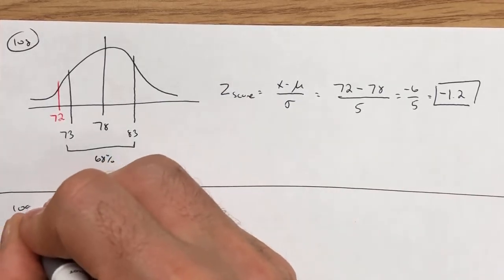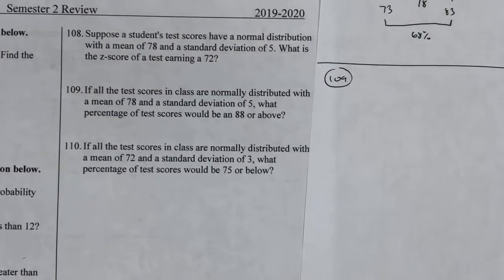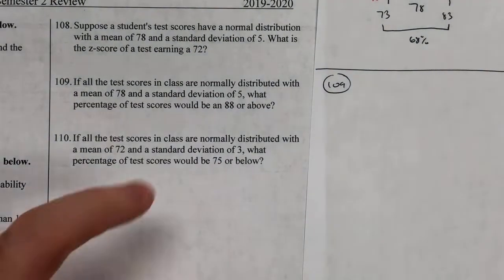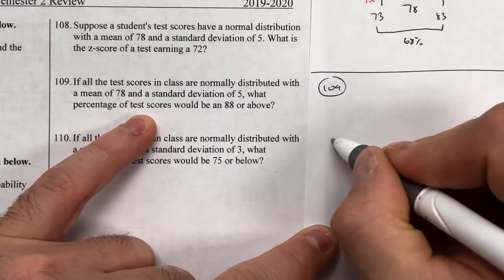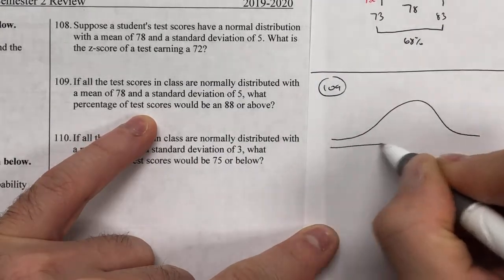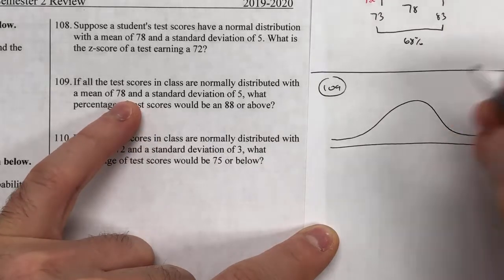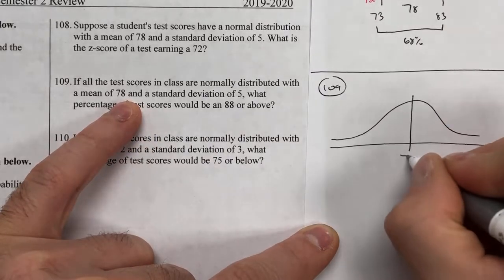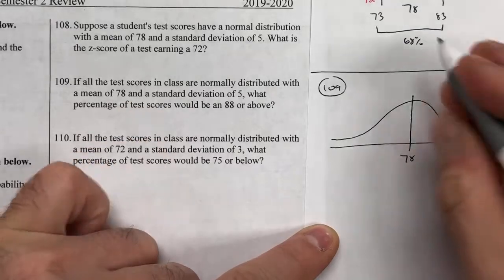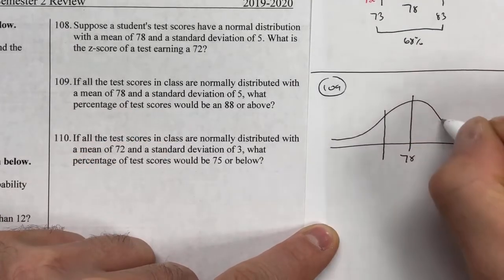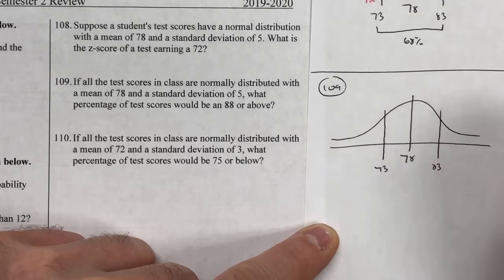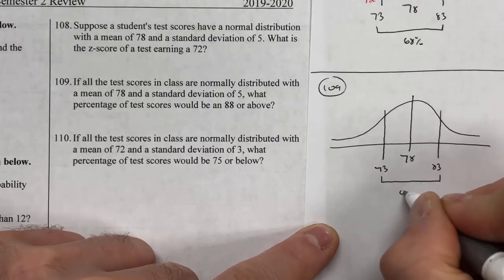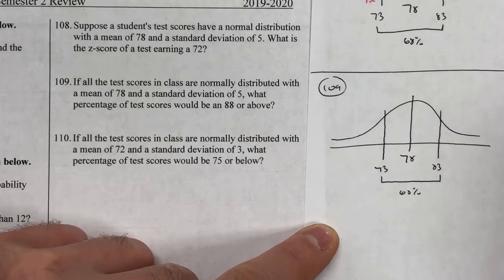Let's take a look at 109. If all the tests in the class are normally distributed, we have another normal curve with a mean score of 78 and a standard deviation of 5. From 73 to 83, we have 68% of all scores.